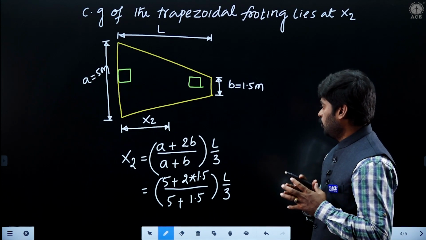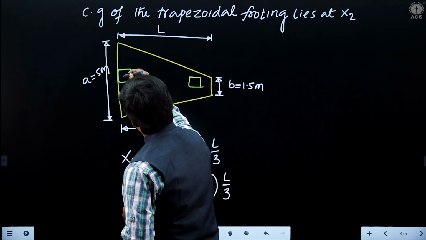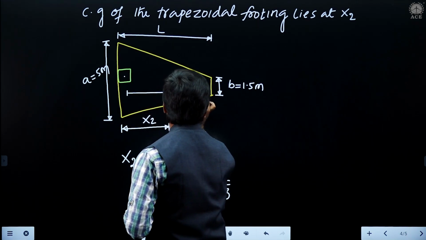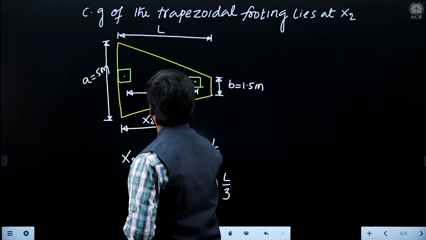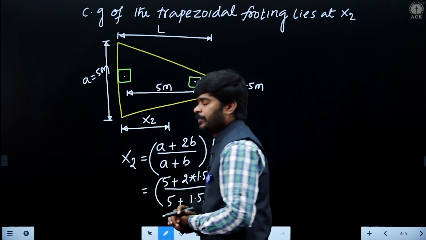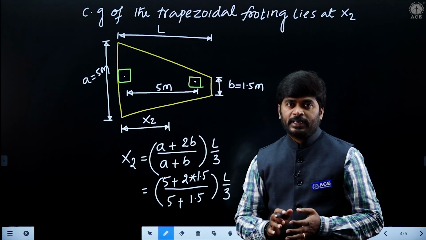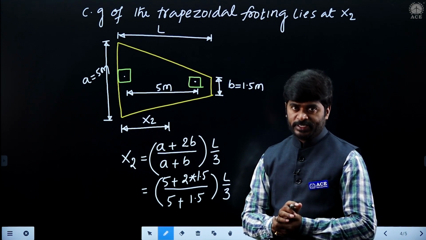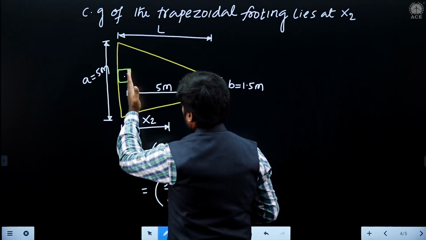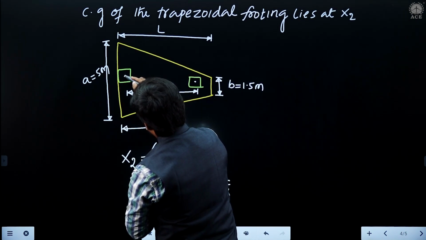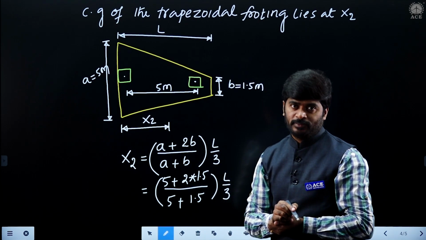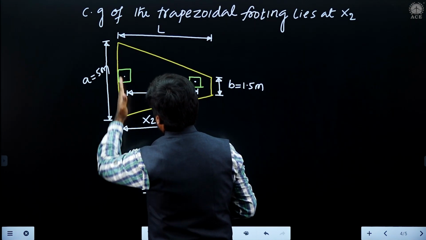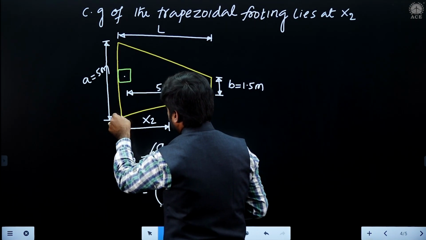Here one point I would like to say, the distance between the CG of the columns, whatever given previously, 5 meters, is this one. What I said, CG of column loadings and the CG of footing must coincide. CG of column loading we find out from the centroid of column P1, but CG of footing we are taking with respect to the larger width of the footing from the extreme point.